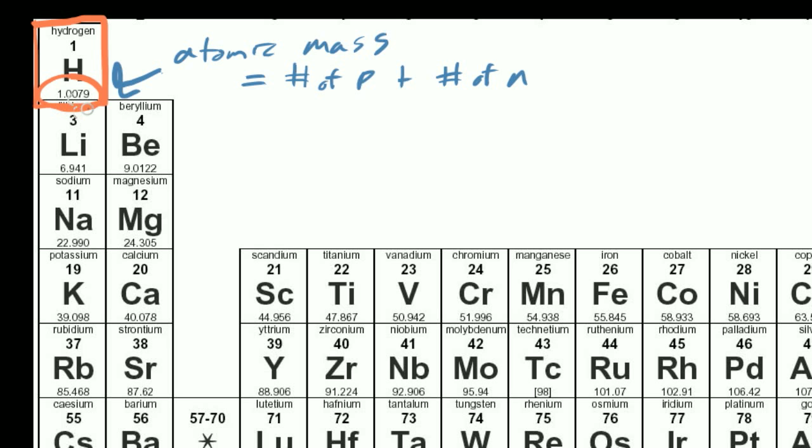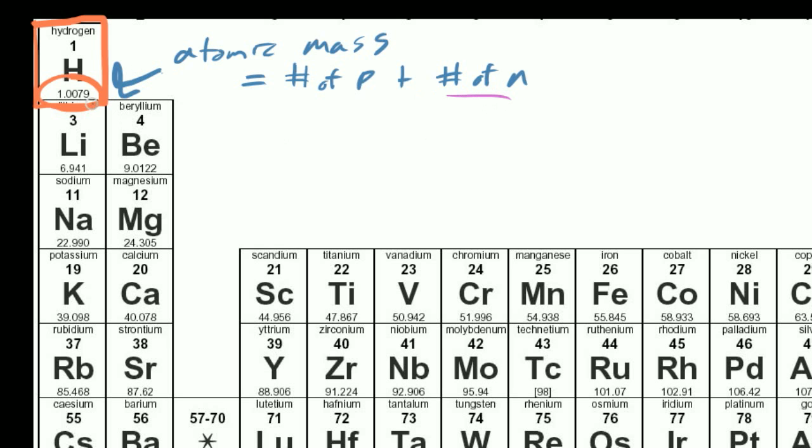So it looks like, what, did one of these protons split in half, or are we only counting a certain number of protons, or do we have 1 proton and 0.0079, I guess 79 ten-thousandths of a neutron?